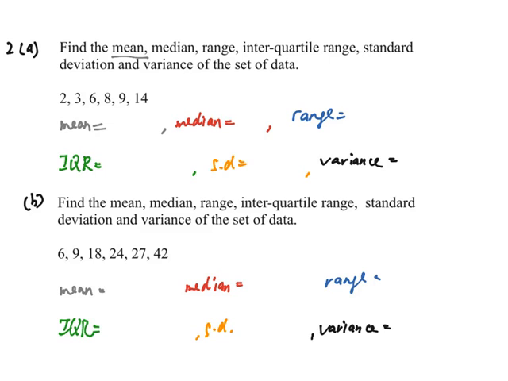So 9 minus 3, so it is 6. And for SD, Mode, Shift 2, so it is 4. And then lastly, the variance, it is equal to 4 squared, so 16.